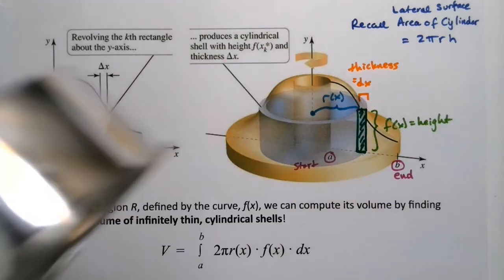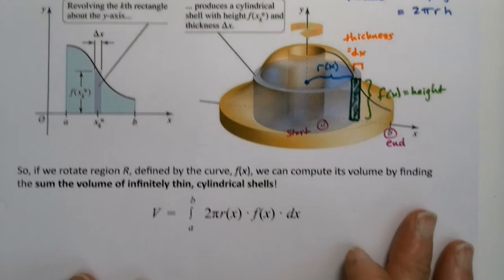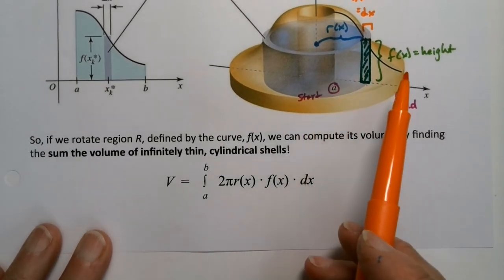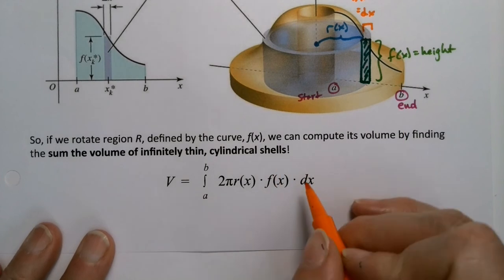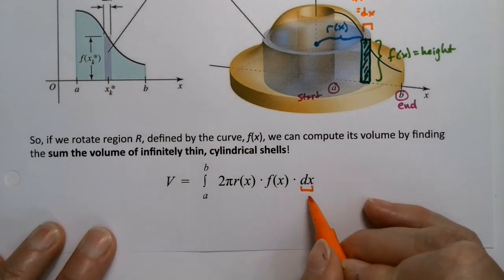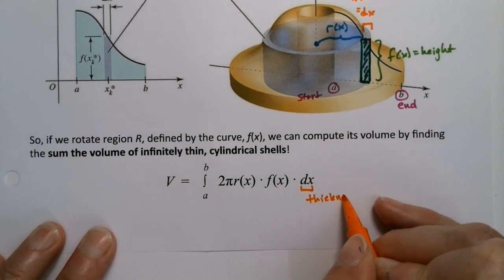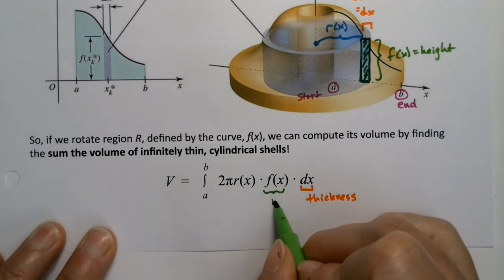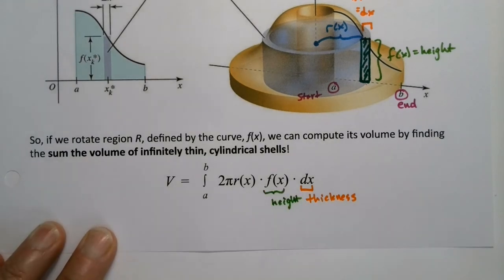Now if you look at the formula, of course, we're going to let the number of cylindrical shells that we're fitting in go to infinity. And so therefore we have thickness right here. We have the height. We have the radius right here.